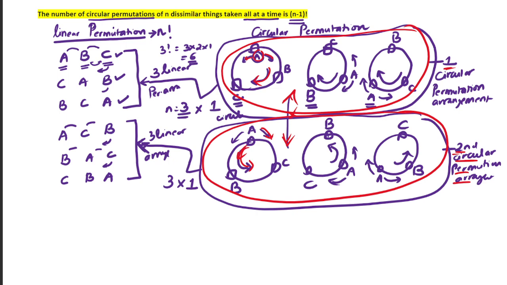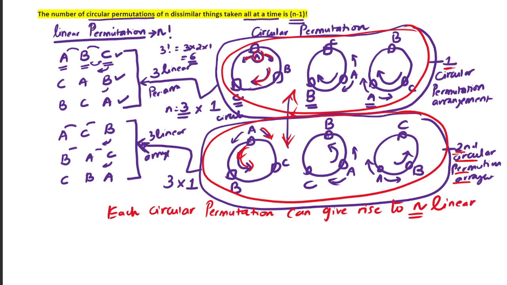What I essentially wanted to state, and this is the key here, is that one circular permutation can give rise to n linear permutations.